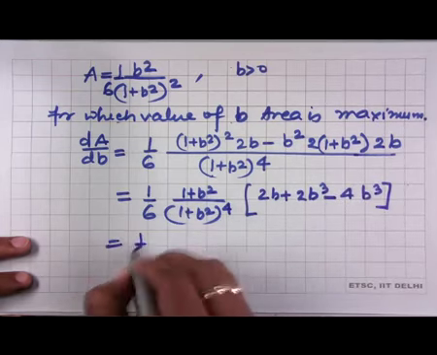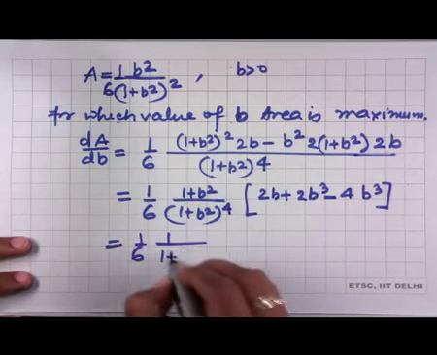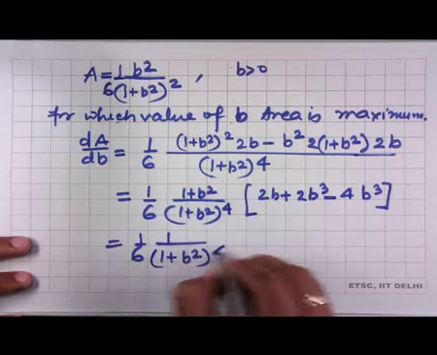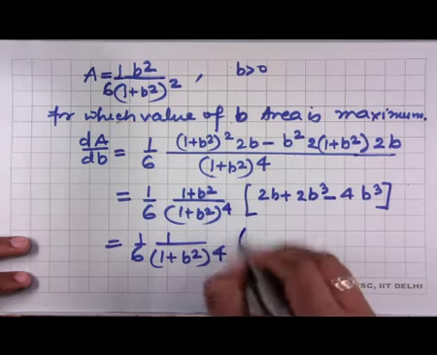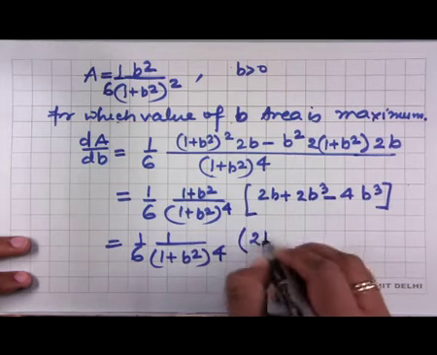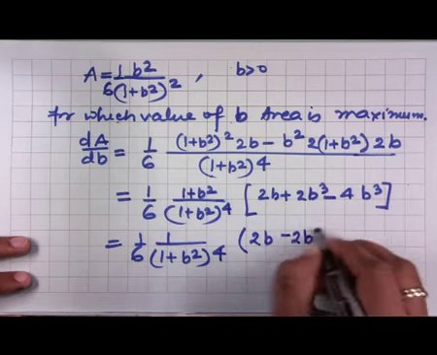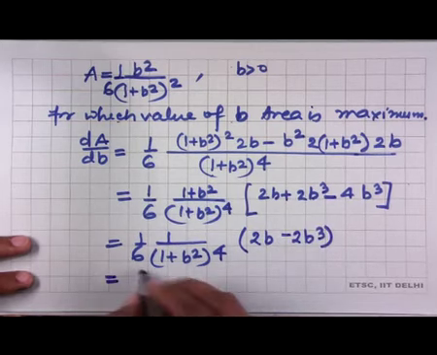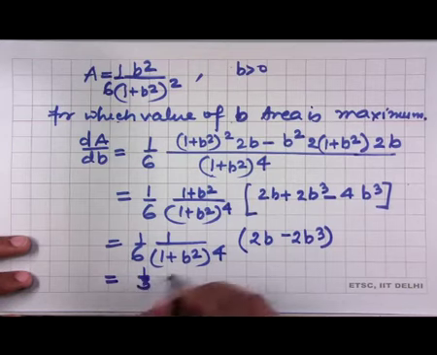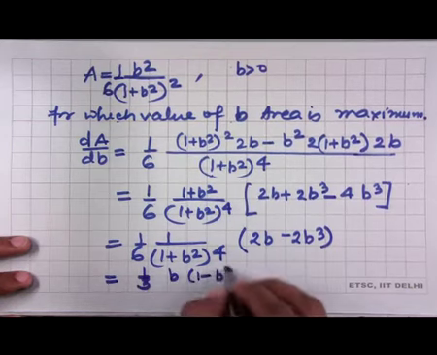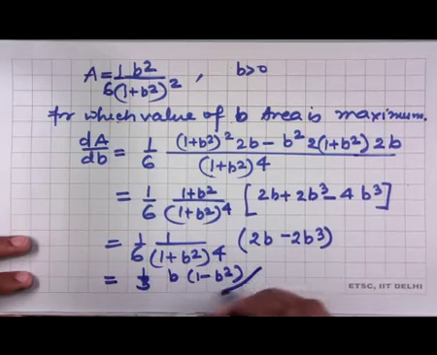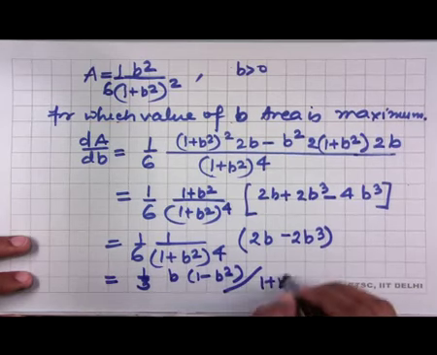So we get 1 by 6, 1 upon 1 plus b square power 4, 2b minus 2b cube. So finally we get 1 by 3 b into 1 minus b square by 1 plus b square.